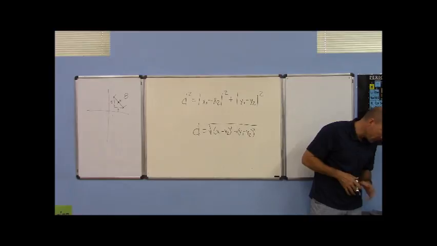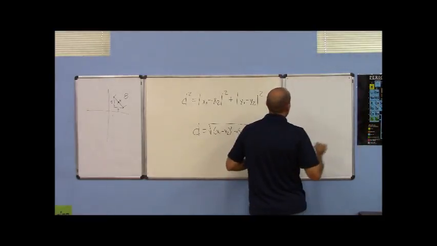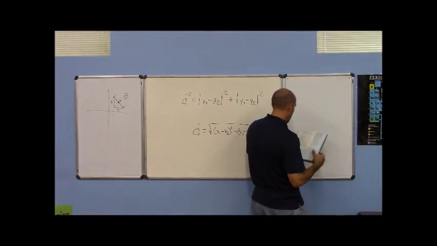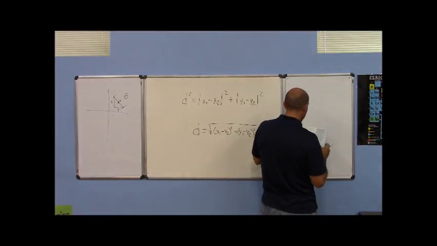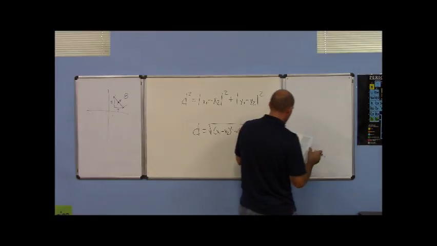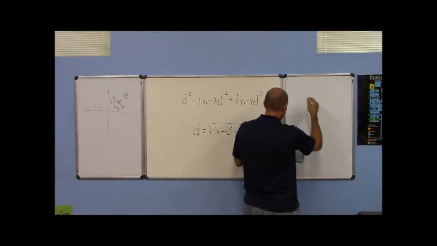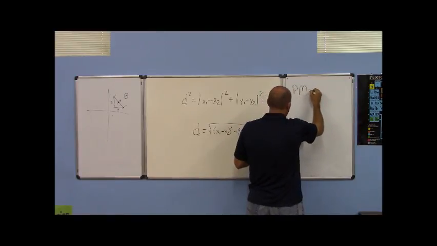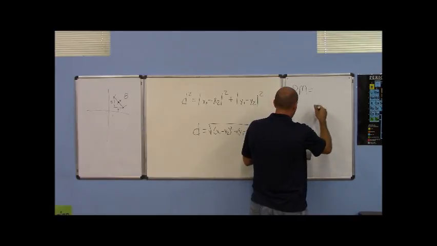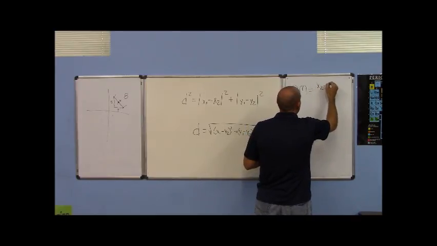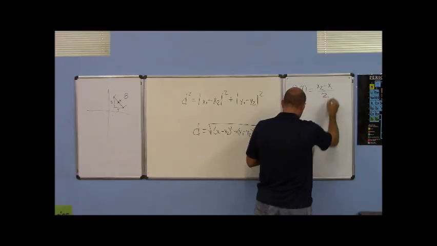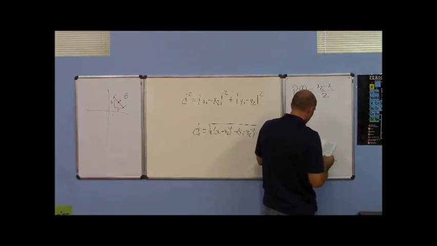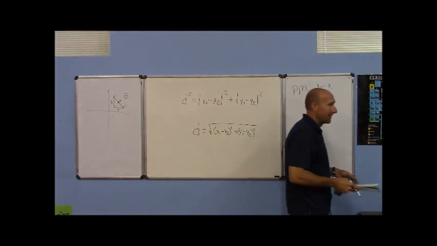It's very similar to it. All right, so the midpoint. We'll just label it so we can be consistent with the book. The midpoint will end up being x1 plus x2 divided by 2. Okay? It'd be MP, not PM.